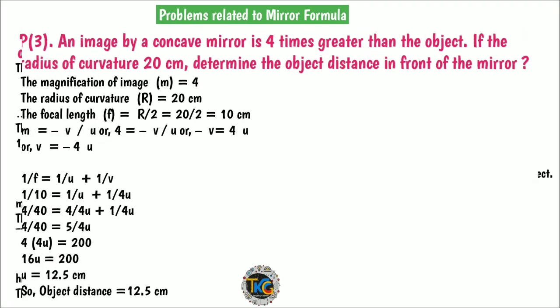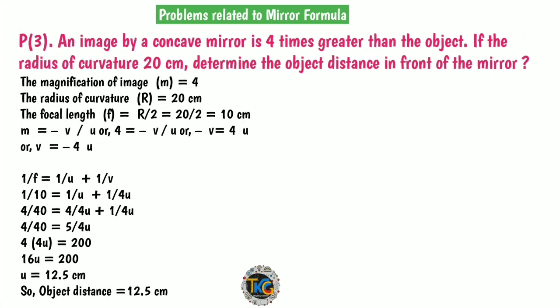Now problem 3, the image formed by a concave mirror is 4 times greater than the object. If the radius of curvature is 20 cm, then you have to determine the object distance in front of the mirror. So here magnification m given 4, radius of curvature given 20, so the focal length will be 10 cm.